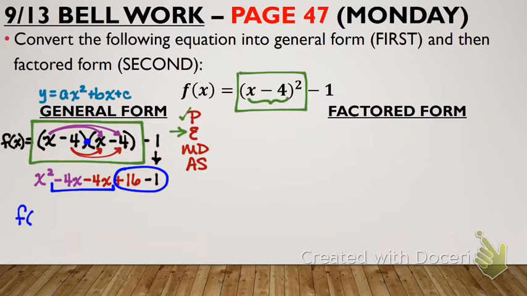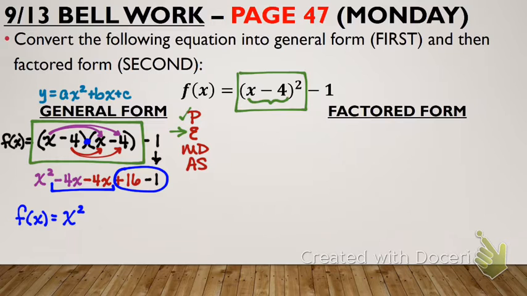So my general form, I'm going to use function notation since that's what they used in the original problem. But remember, if you guys forget and you put a y equals there, I'm never going to take off points for that. So I have f of x equals. Start with x squared.